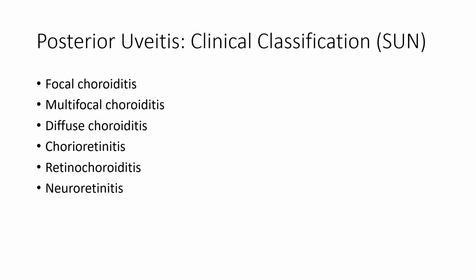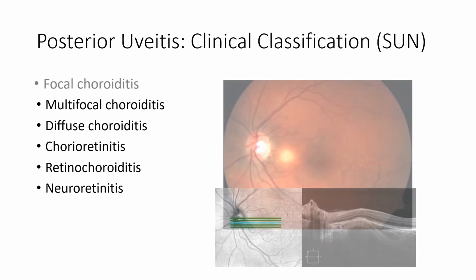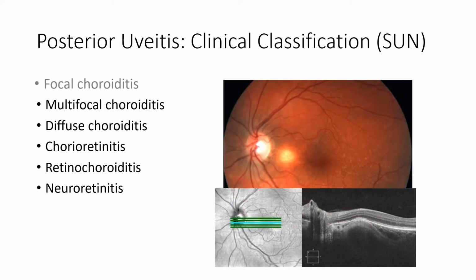Now there is a classification according to the clinical presentation of uveitis, and let us see what it means. Focal choroiditis is when you have just a single focus of choroidal inflammation, although this may involve some amount of retinal tissue, it is localized primarily in the choroid.